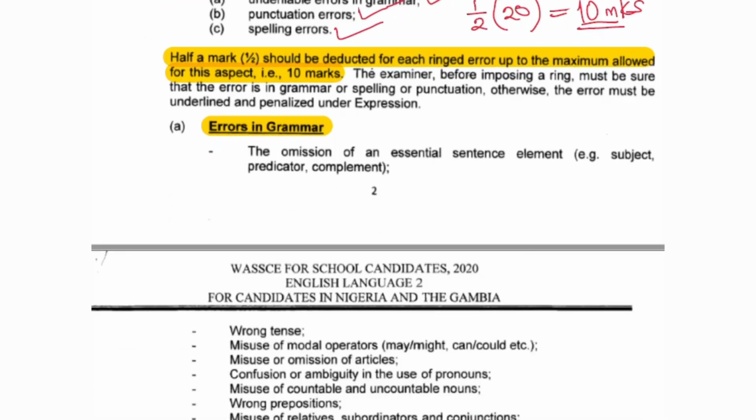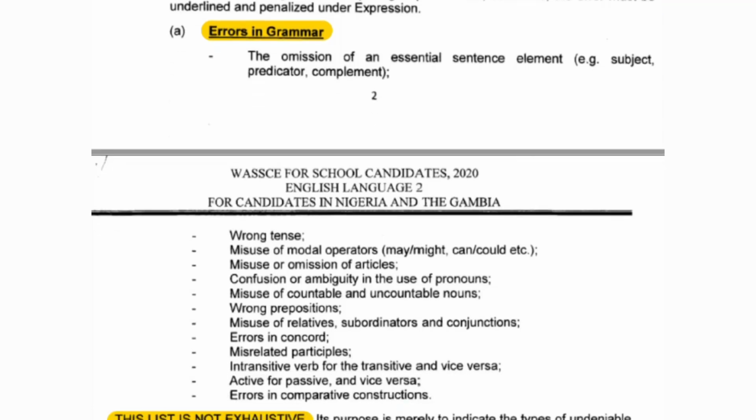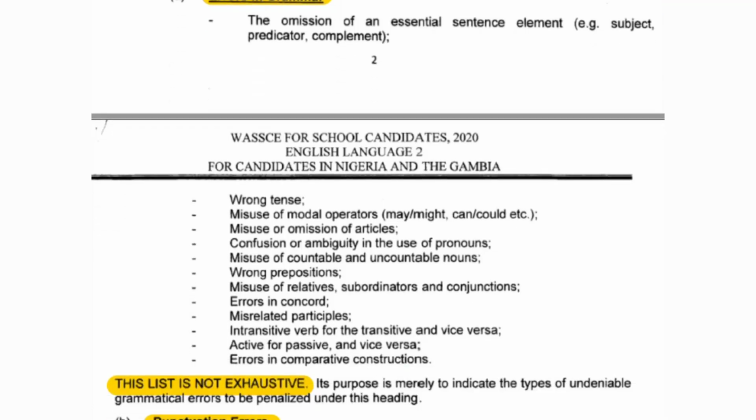Now, errors in grammar will feature things like wrong tenses. You don't use the modal operators correctly when you need to use may or might, when you need to use can or could. Then you misuse or omit articles like the, a, and an. You get confused or ambiguous in the use of your pronouns. You use they when you mean him.